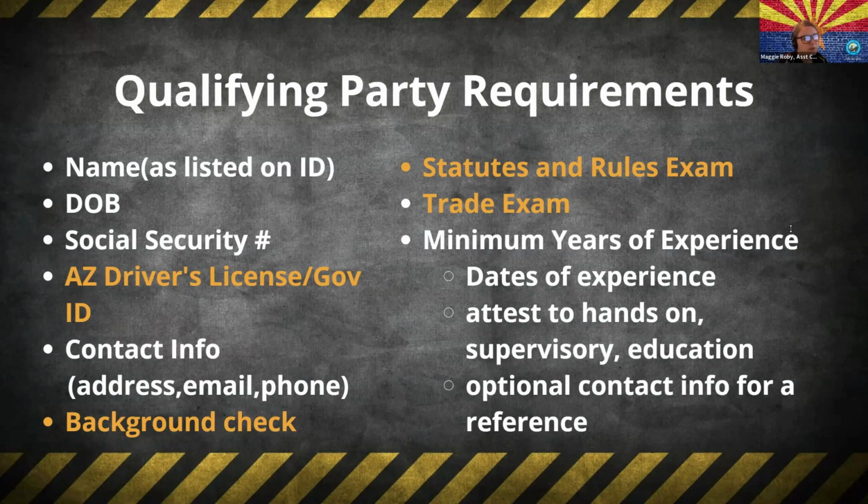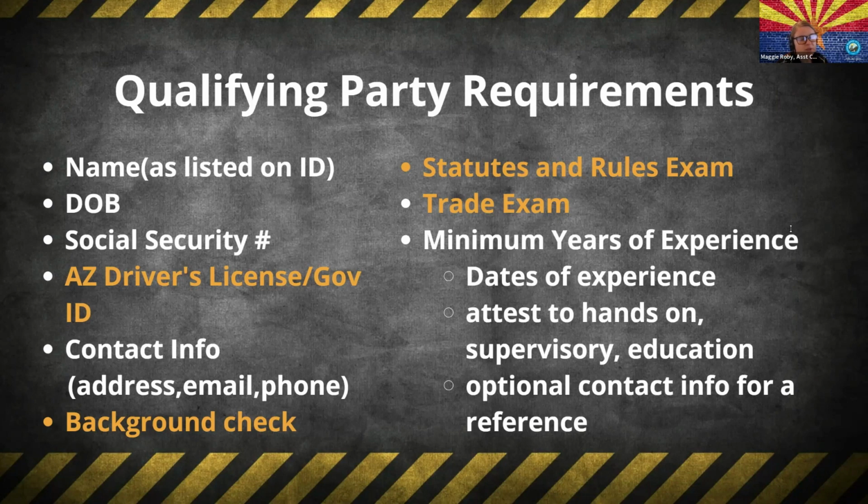We're going to need their date of birth, social security, and a valid and legible driver's license or government ID. We are also looking for contact information, which includes a good mailing address, email, and phone number.